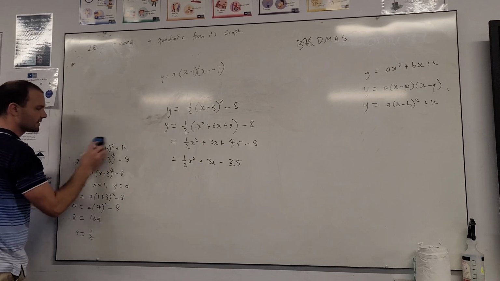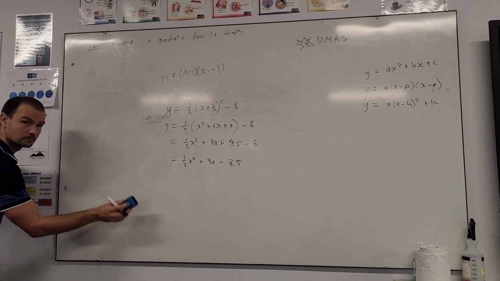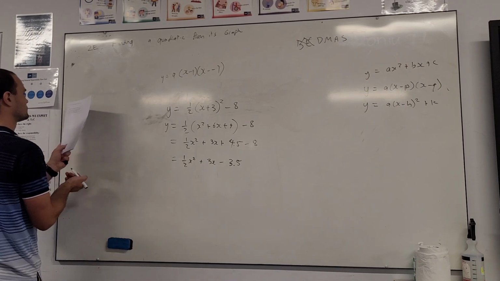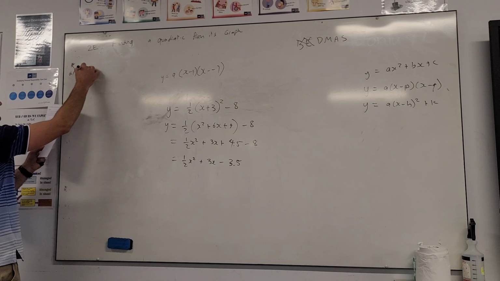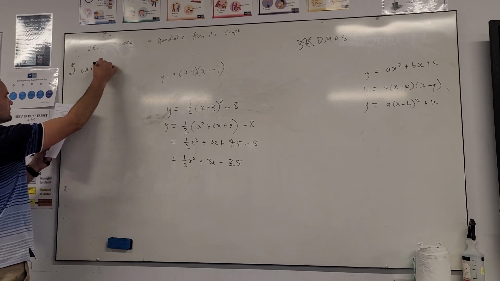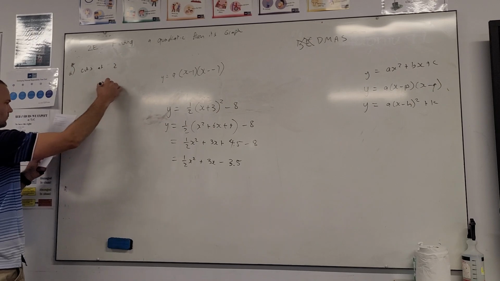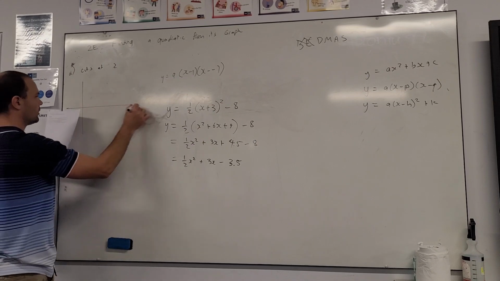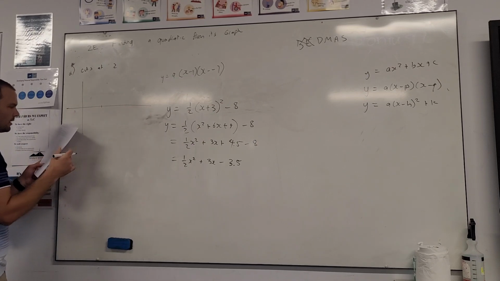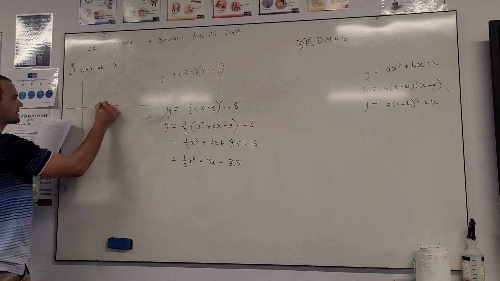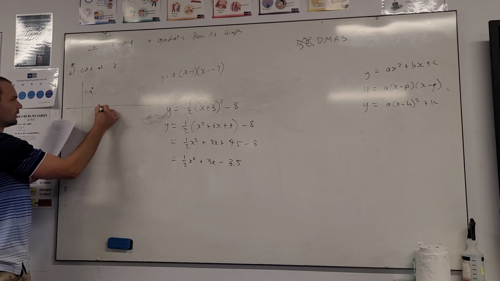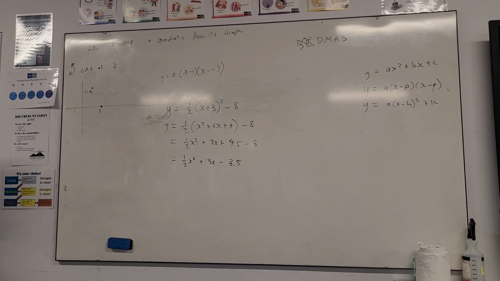And the last one here, we have to use the connection we made before. So this is D. We've got cut at x is 2, passes through x is 1 and 4, and it has axis of symmetry x equals 3.5.